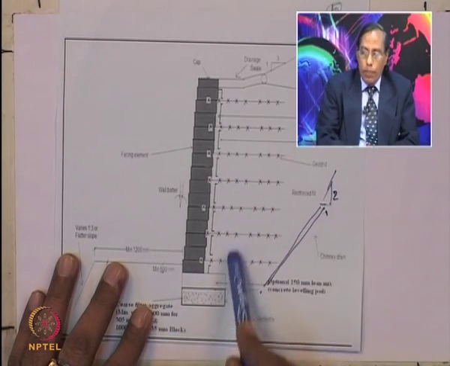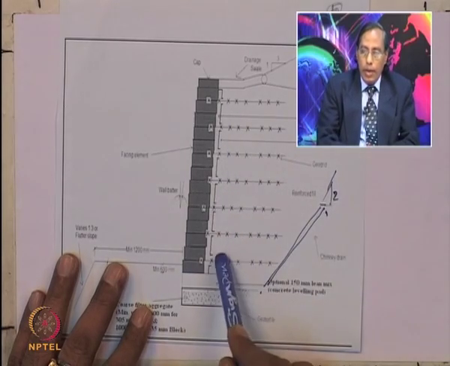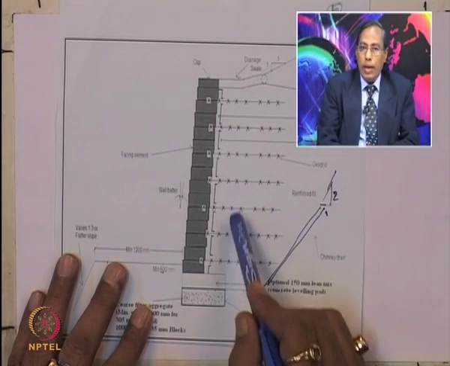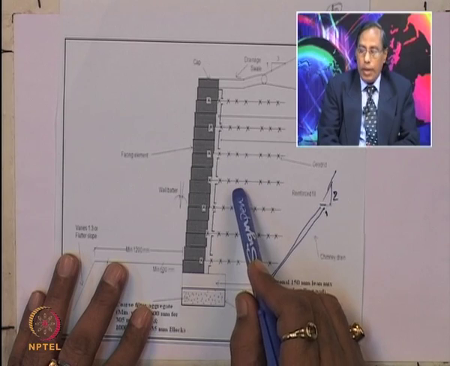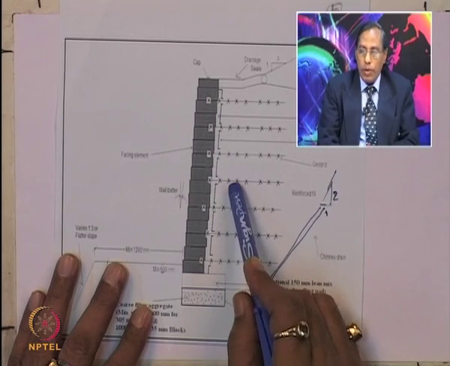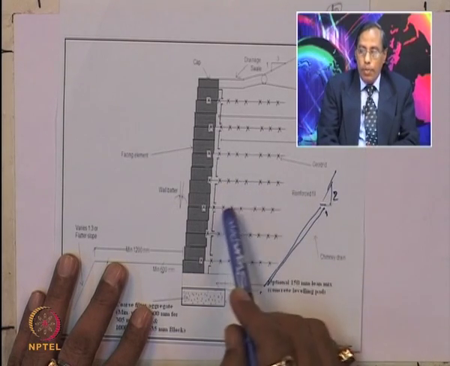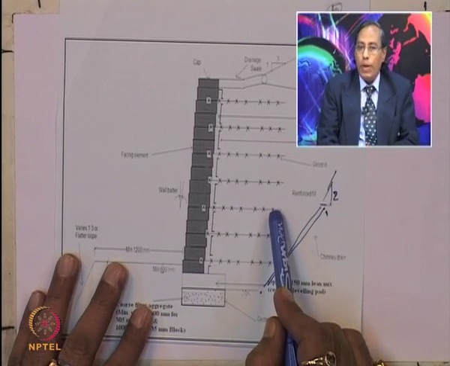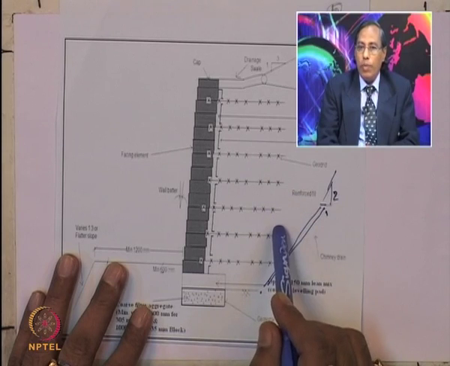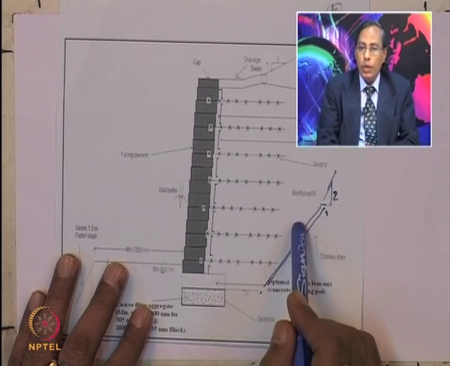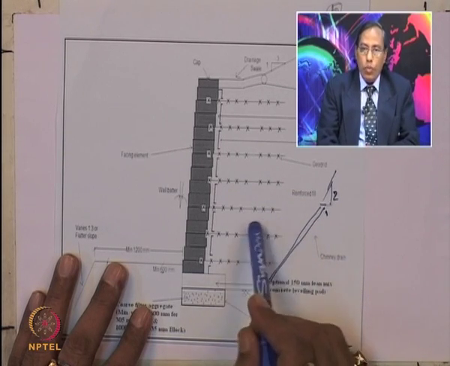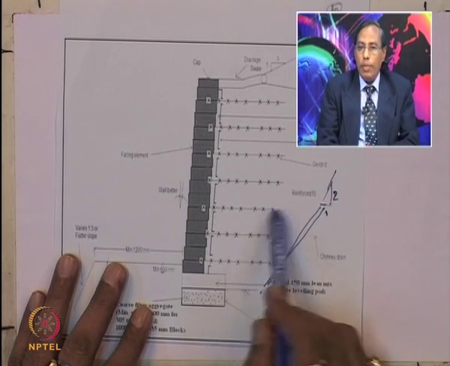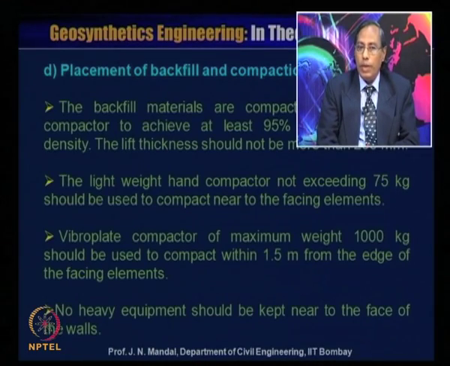So, within 1.5 meter of the facing element, you have to use the lightweight hand compactor not exceeding about 75 kg. And beyond 1.5 meter, you can use the vibroplate compactor, of maximum weight maybe 1000 kg, to compact beyond 1.5 meter from the edge of the facing element.